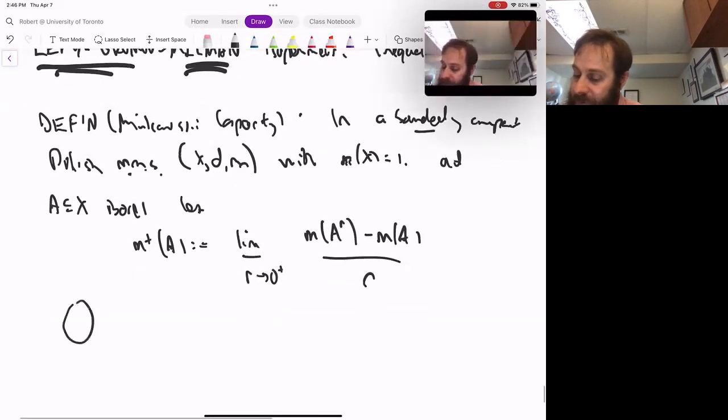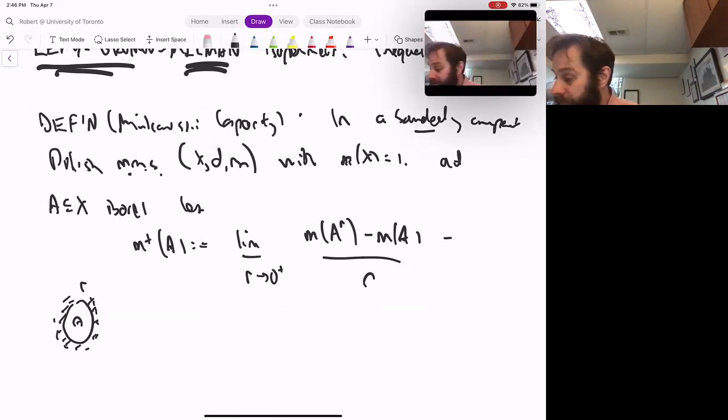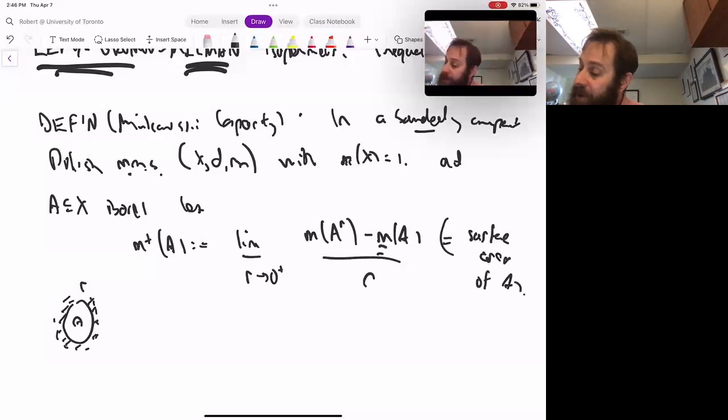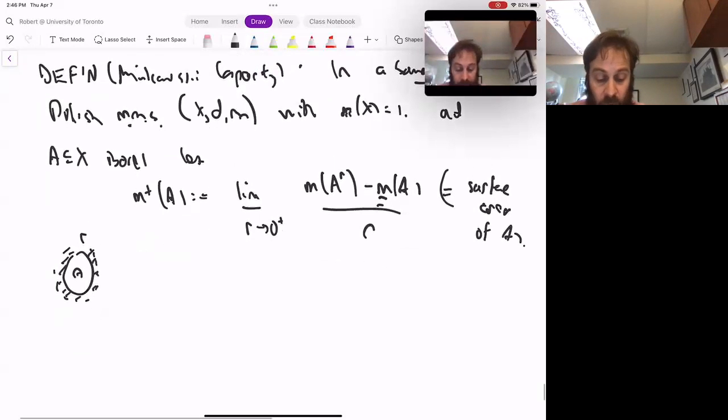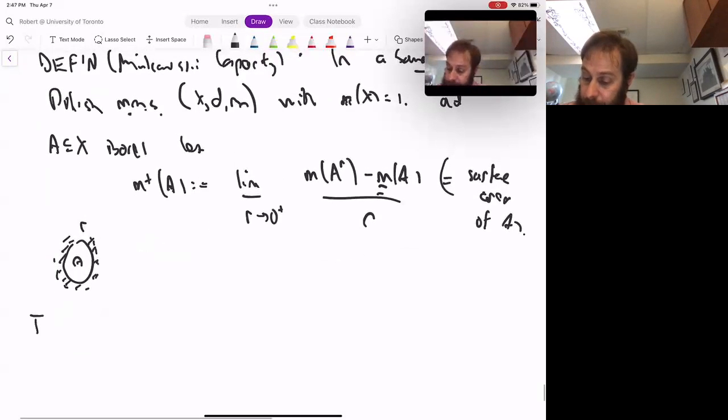So the picture is if A looks like this, I fatten it out to size r, and the measure of the fattening divided by r gives a measure of the perimeter of A. For smooth sets, this equals the surface area of A with respect to the measure m. And what is the theorem of Cavalletti and Mondino?